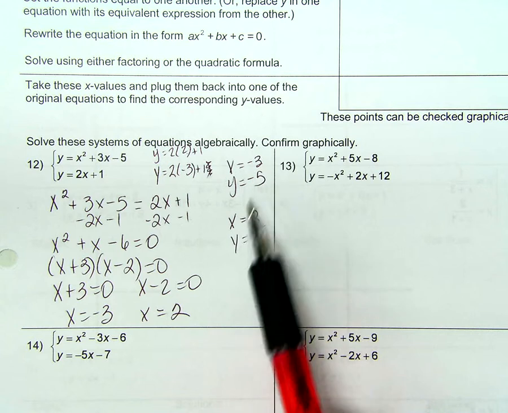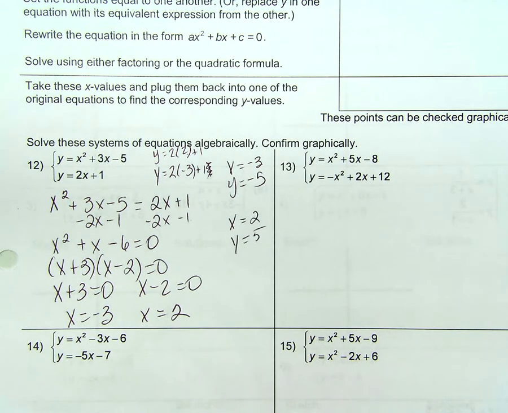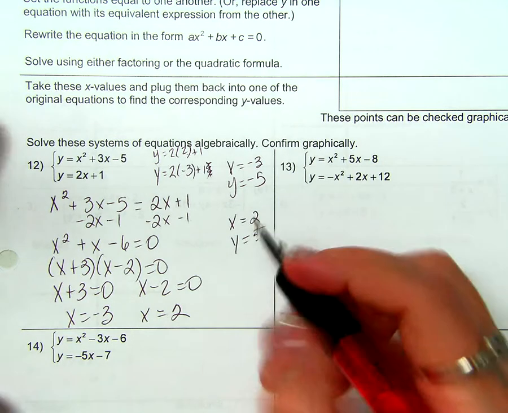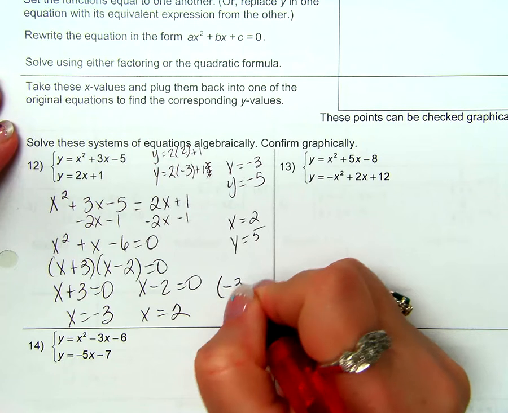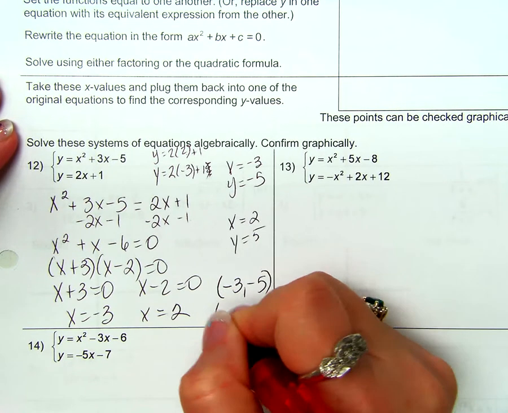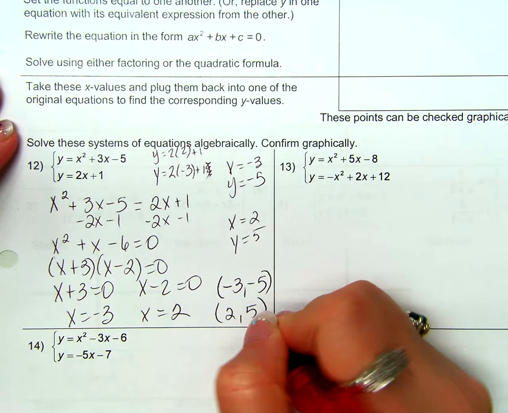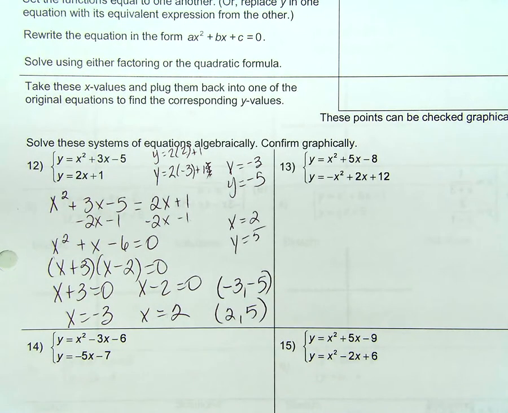It doesn't tell me that you understand what they are. What are they? They are points of intersection, aren't they? So I need to write my answer like (negative 3, negative 5) and (2, 5). That's my answer.